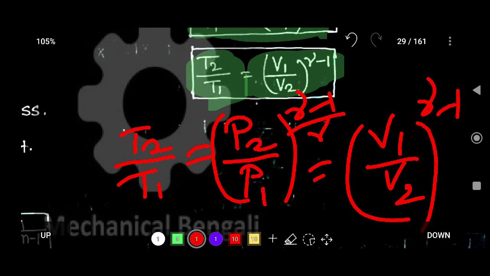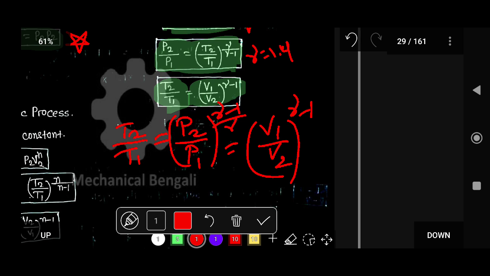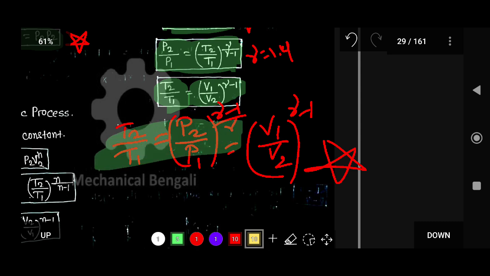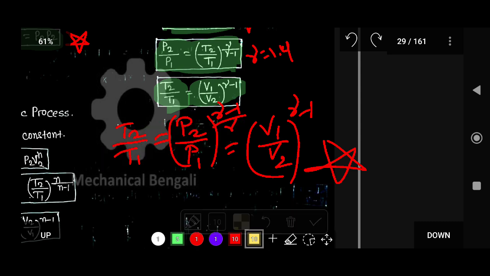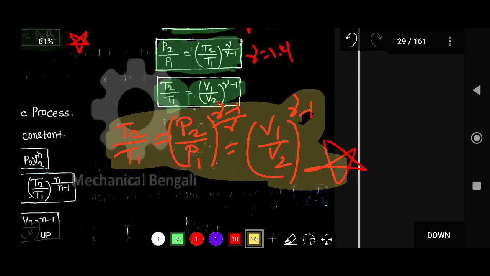Remember this data, it is very, very important. From this relation you get this formula.